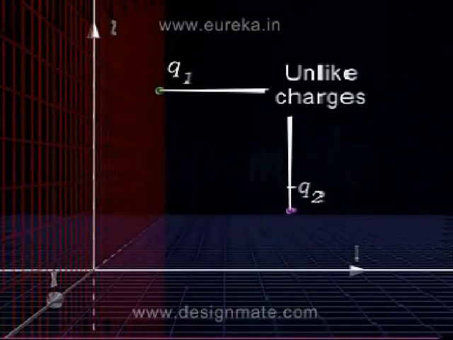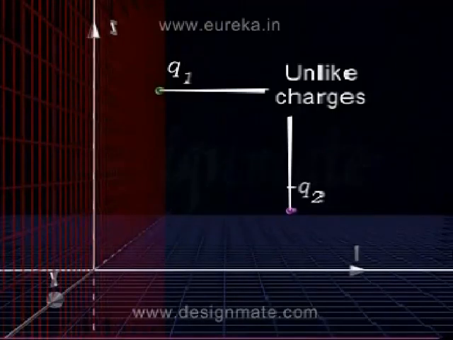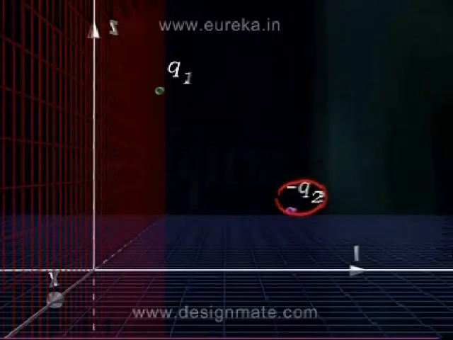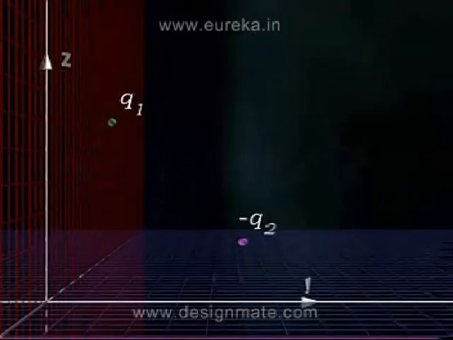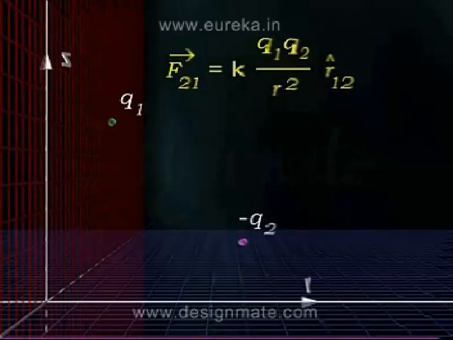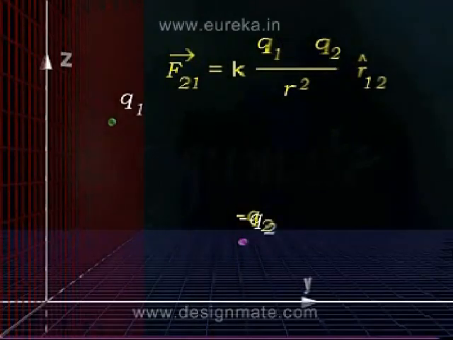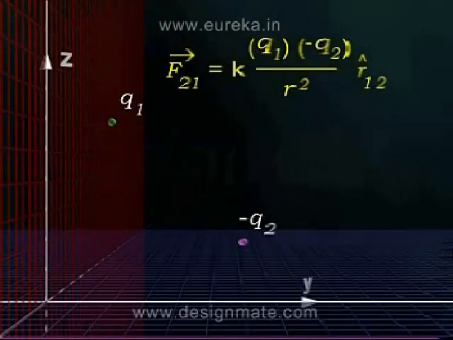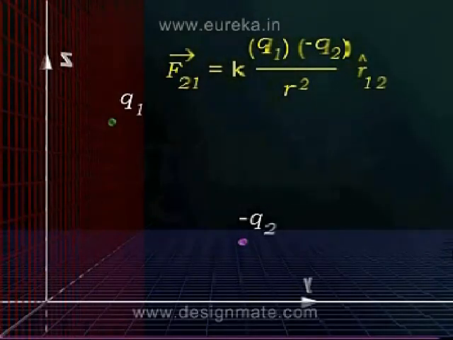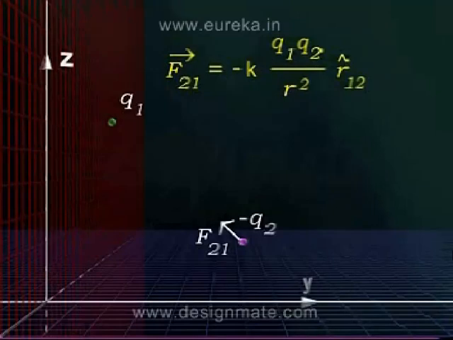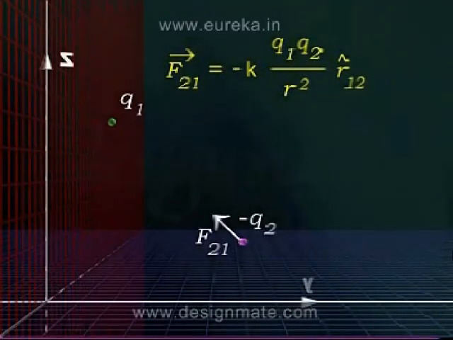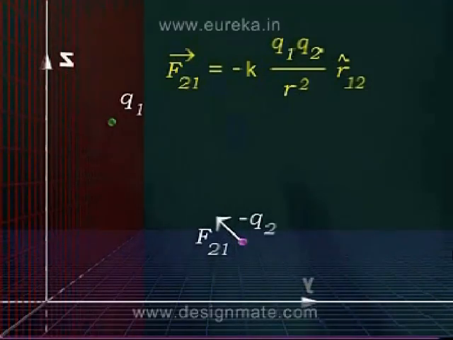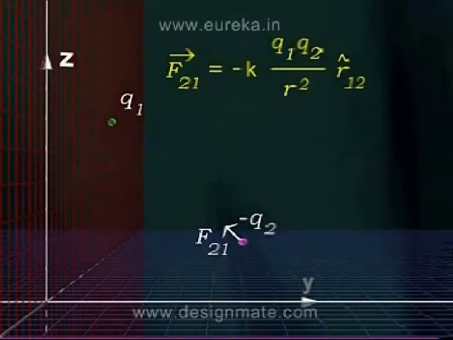If two charges are unlike, considering Q2 as negative, vector F21 is equal to K into Q1 into minus Q2 upon r square into r cap vector 12. Therefore, vector F21 is equal to minus K into Q1 Q2 upon r square into r cap vector 12.